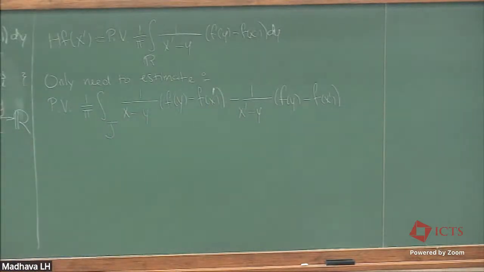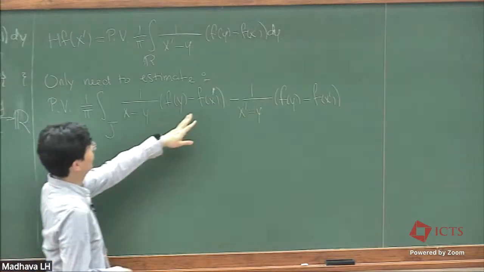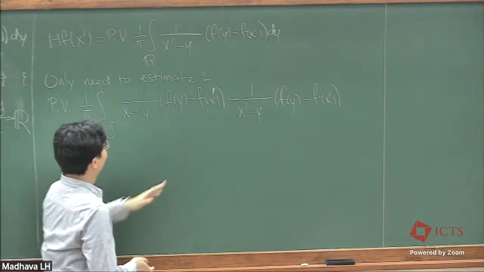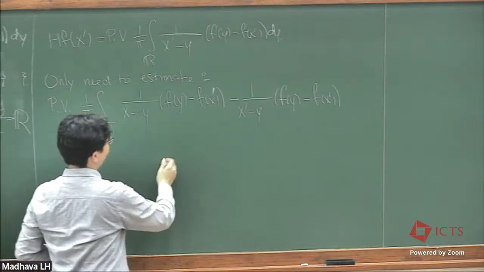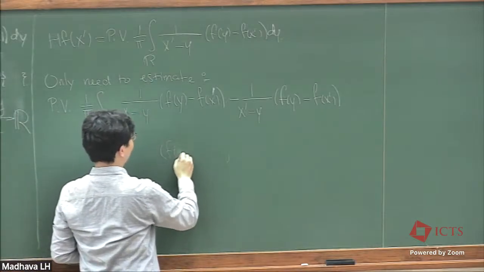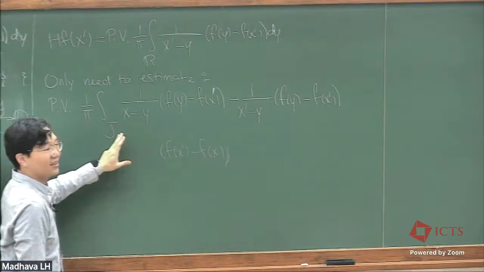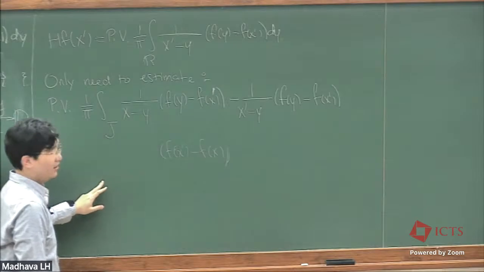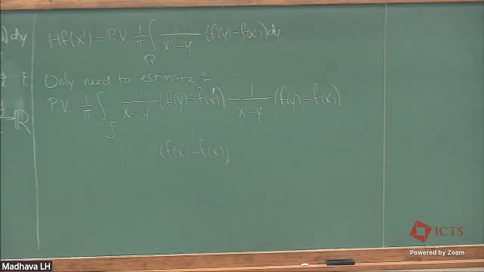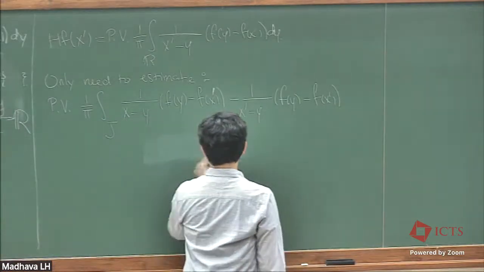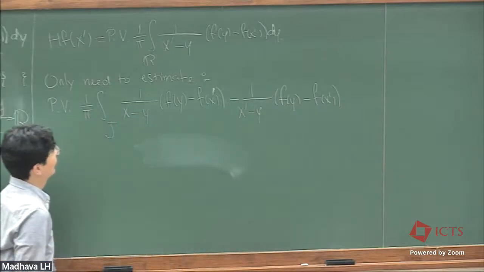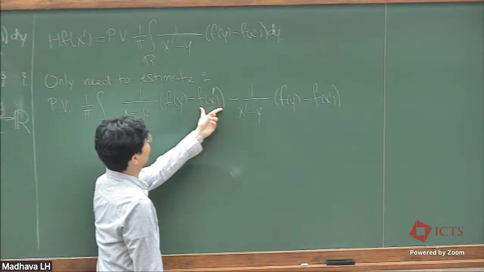Because we have replaced this by f at x prime, there is another term which involves f of x prime minus f of x integrated against the singular kernel. And this can be estimated directly, to be of this form after cancellations. So I leave it as an exercise. I replace this by f of x prime.